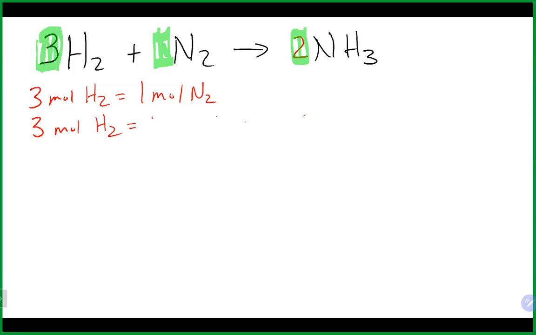It should be 2 moles of the NH3. And lastly, if I throw in there 1 mole of my N2, how many moles of the NH3 should I get out as well? 2 moles of the NH3. So again, these are the 3 equalities stoichiometrically that you can have from this balanced equation.